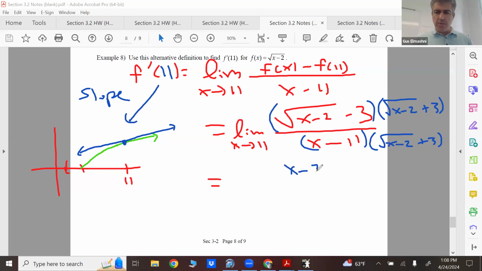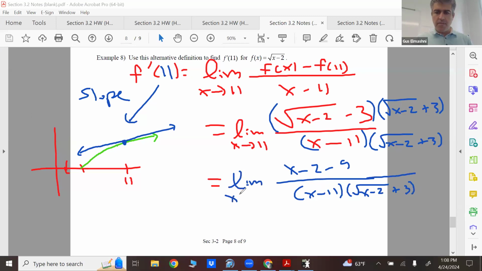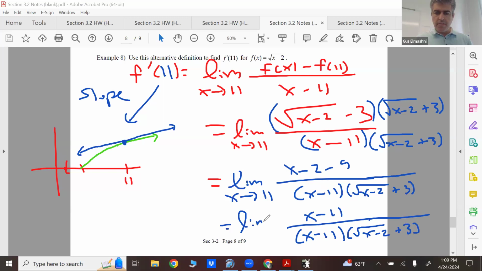So I'm getting x minus 2, and then plug 11 in.